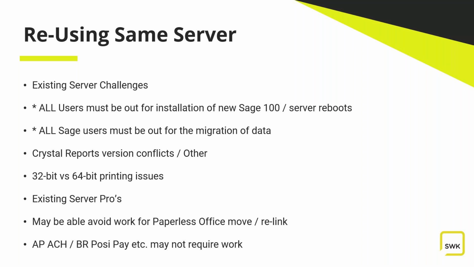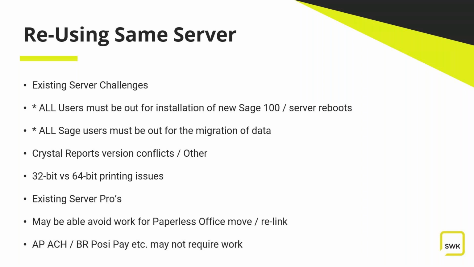There are known printing issues with 32-bit Sage, the fix for which is putting it on 64-bit. Just had a customer this week that was in this exact situation. They ran into the printing issue because they're on 32-bit new Sage. All we can literally do is tell them, here's the feedback from Sage.